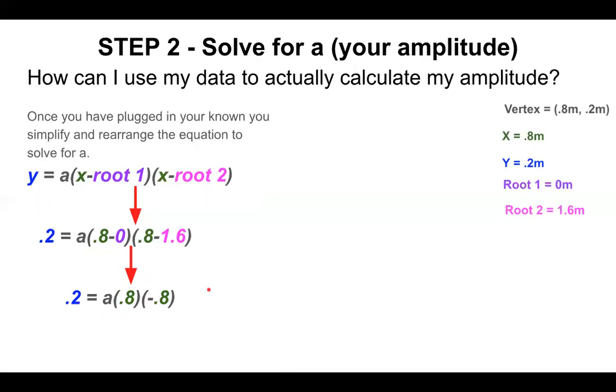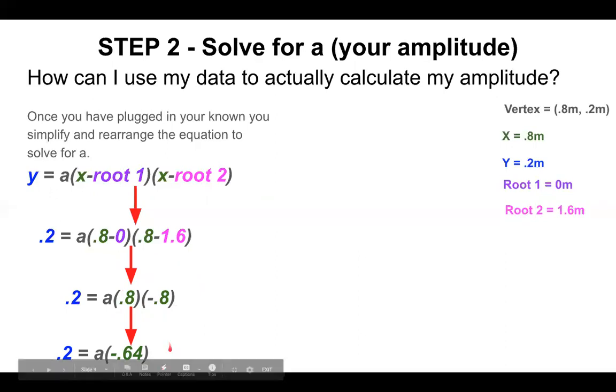Now, once I'm there, I still have some more simplification that I can do before I can solve for a. The next thing I'm going to do is take these 0.8 and negative 0.8 and multiply them together. Again, I'm just trying to clean up my parentheses so that it doesn't look so messy. So now I have 0.2 is equal to a multiplied by negative 0.64.